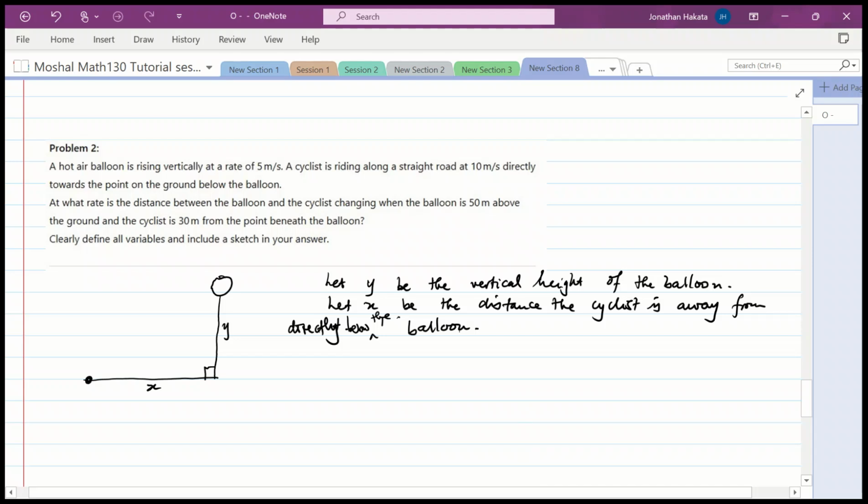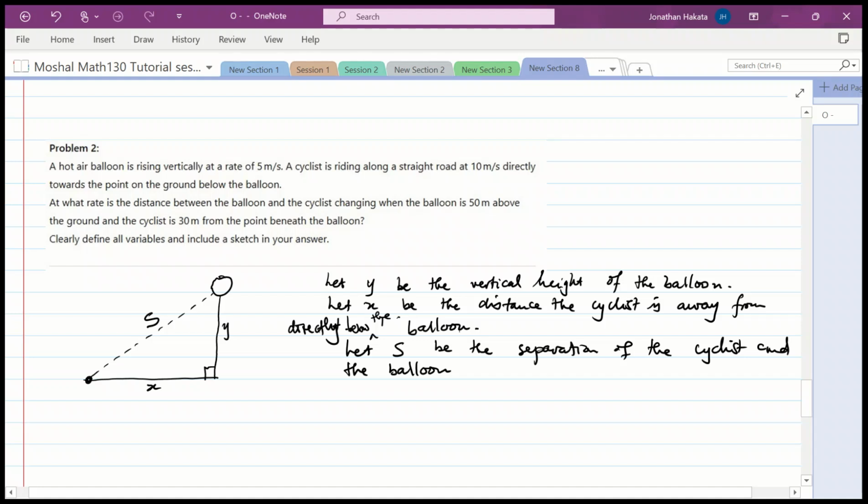And what else? Let s be the separation of the cyclist and the balloon. We are defining variables, so we are saying this distance between these two is s.